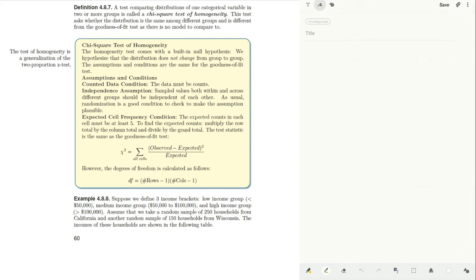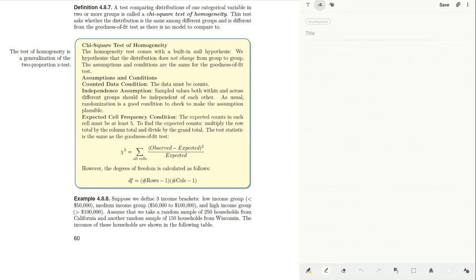In this video we're going to talk about the chi-square test of homogeneity and the chi-square test for independence. When we want to compare the distribution of a single categorical variable among two or more groups, then we can use the chi-square test of homogeneity.